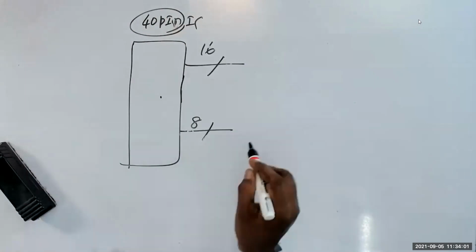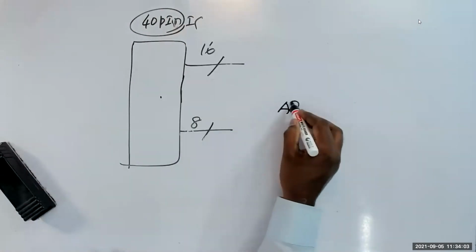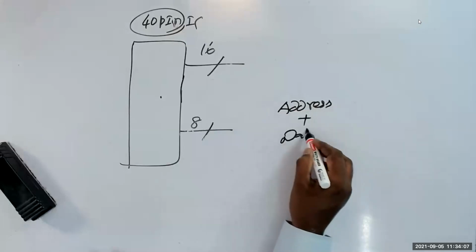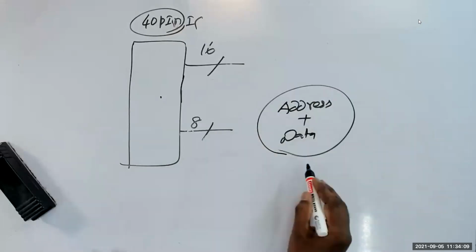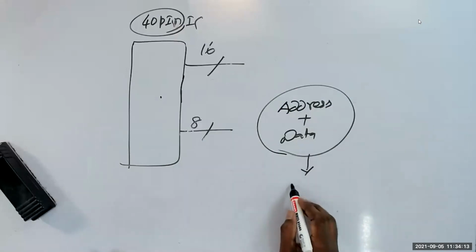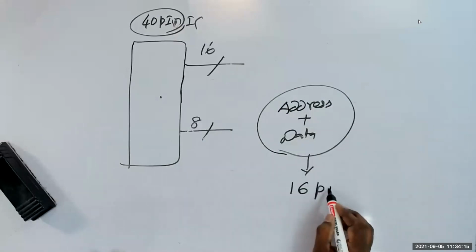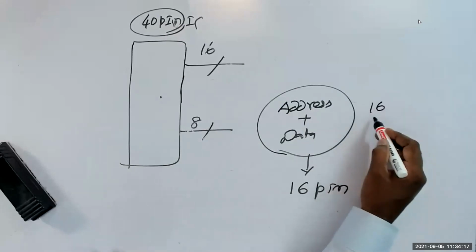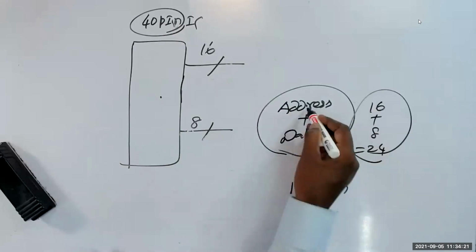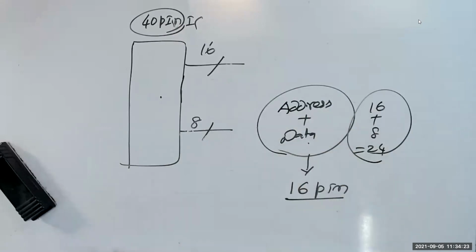So now address plus data together, the microprocessor has only 16 pins. Not 16 plus 8, 24. In this case, it is 16. Done.